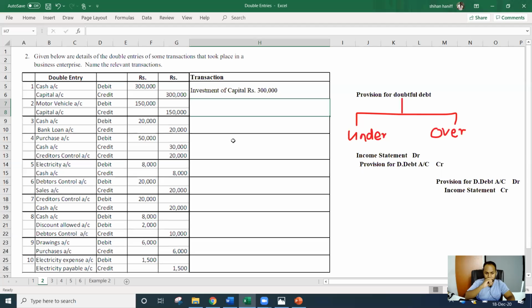Right. So the second transaction: motor vehicle debit, capital account credit. What is the transaction?